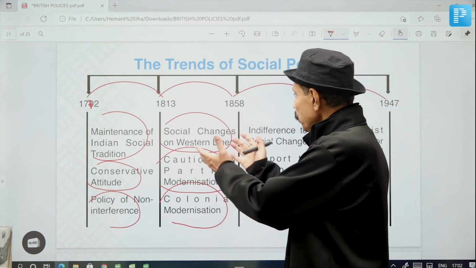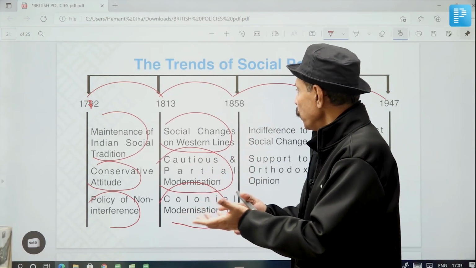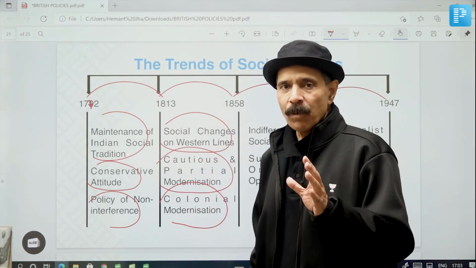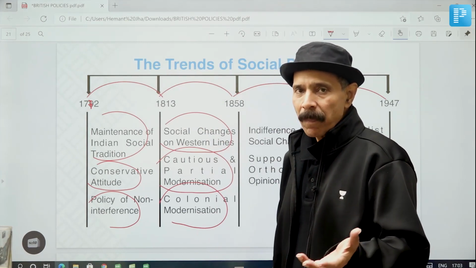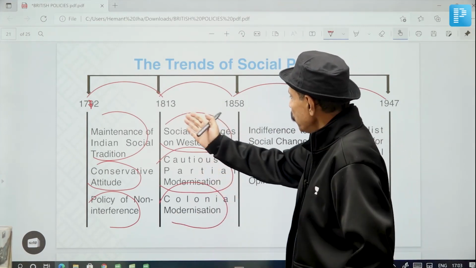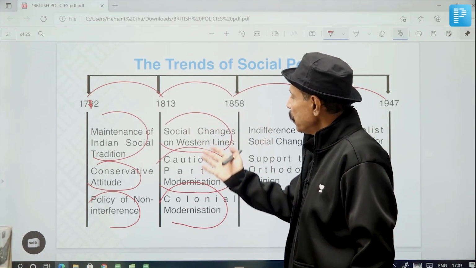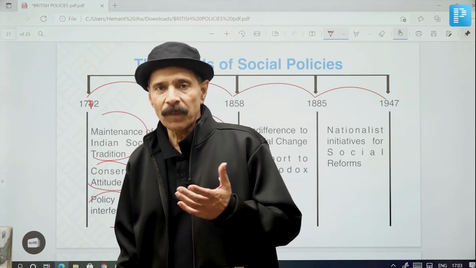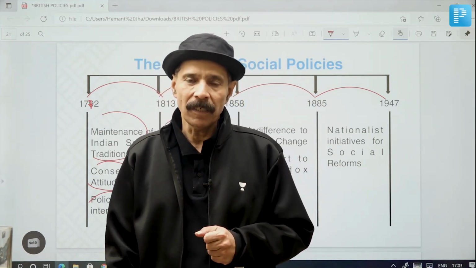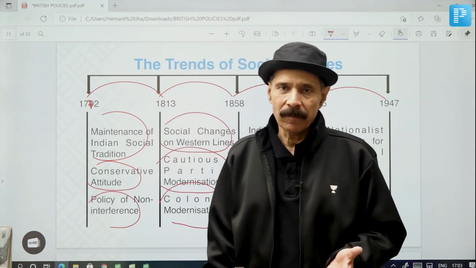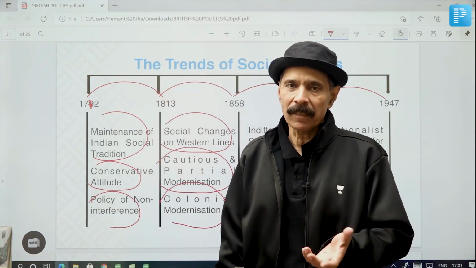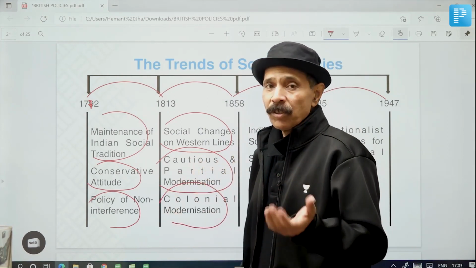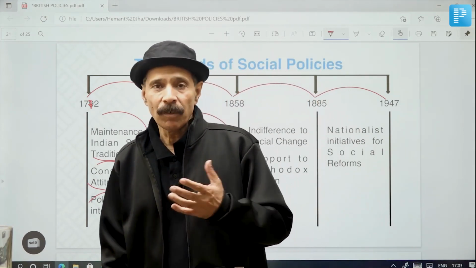And here in these changes, I hope you remember also so many things, that all the major social changes and reforms introduced by British, you find during this period, 1813-58, like allowing Christian missionaries, like introduction of Western education in 1835, like abolition of sati by Bentinck, like Widow Remarriage Act. All these you find here, like abolition of slavery, abolition of infanticide.